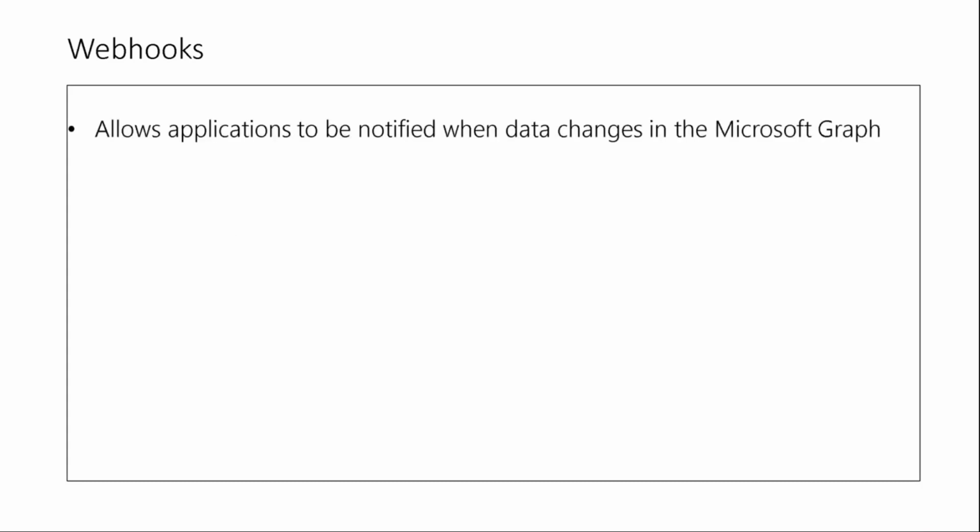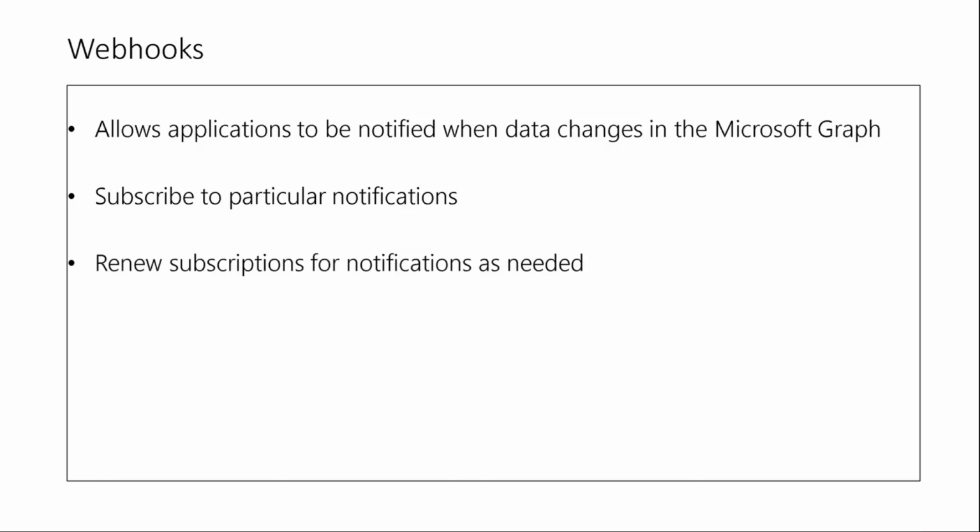Very powerful, it allows applications to be notified when data changes in Microsoft Graph. You can subscribe to a set of notifications. You do not have to subscribe for the entire set of notifications for a tenant. You can choose the supported entities like users and groups. You can renew subscriptions because subscriptions are not forever. You get to subscribe for a change notification for a certain entity and actions for a set amount of time.